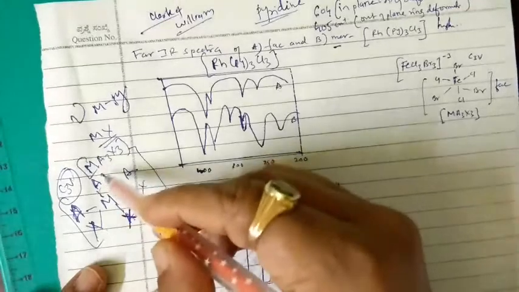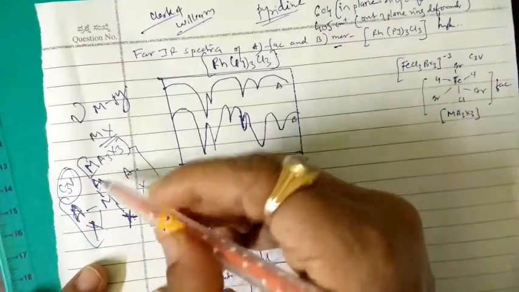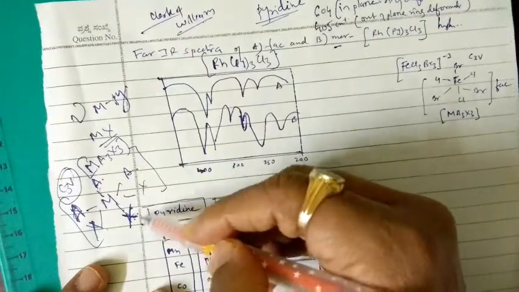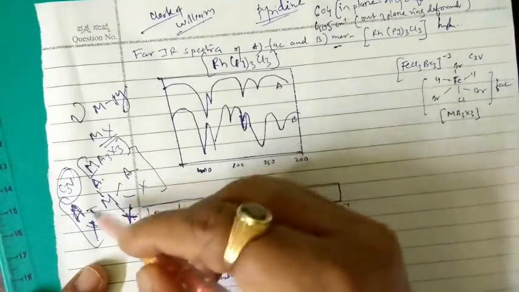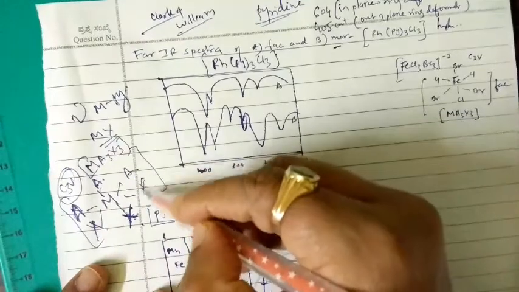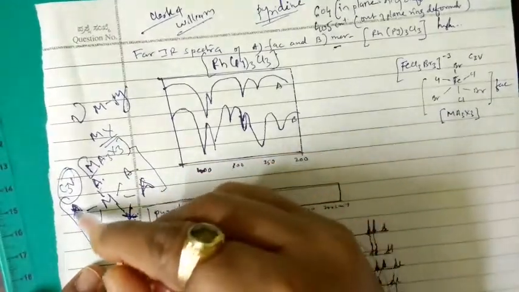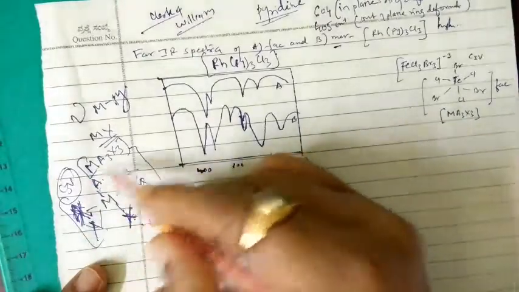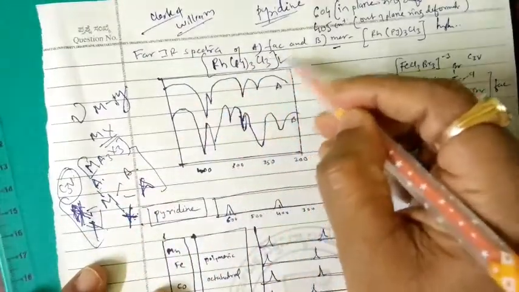So this is your fac isomer. In the trans position you can see A and X will be there, and here AA and X, like this. So this becomes your fac type of isomer.